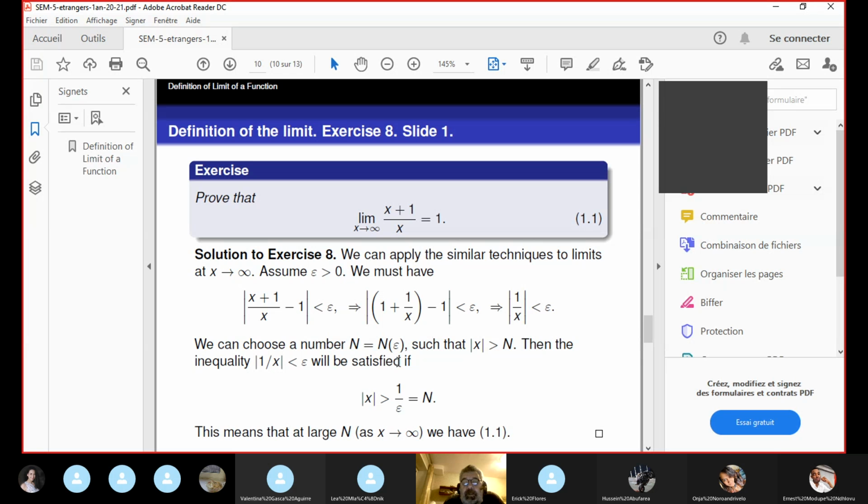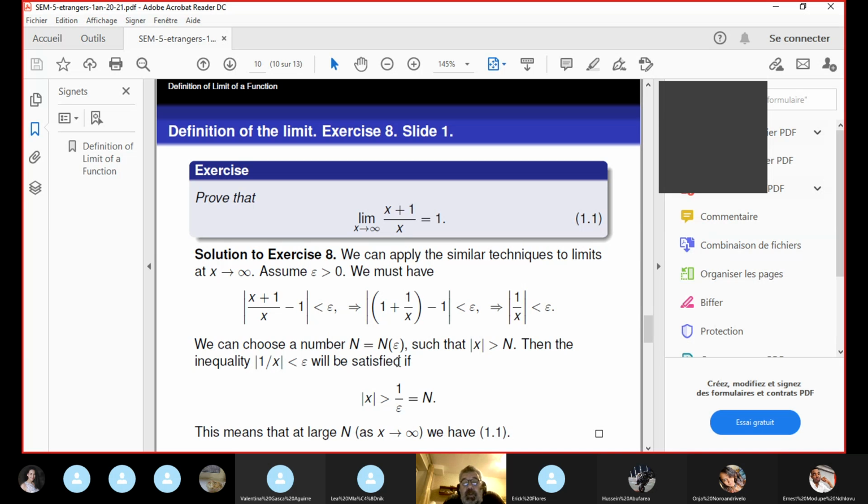So in order to find the limit without this epsilon delta argument, you have to choose the largest term, the largest power, in this fraction, and then divide the denominator and numerator by this largest power. In this case, the largest power is x to the power 1. It's the largest term here. 1 is a constant.